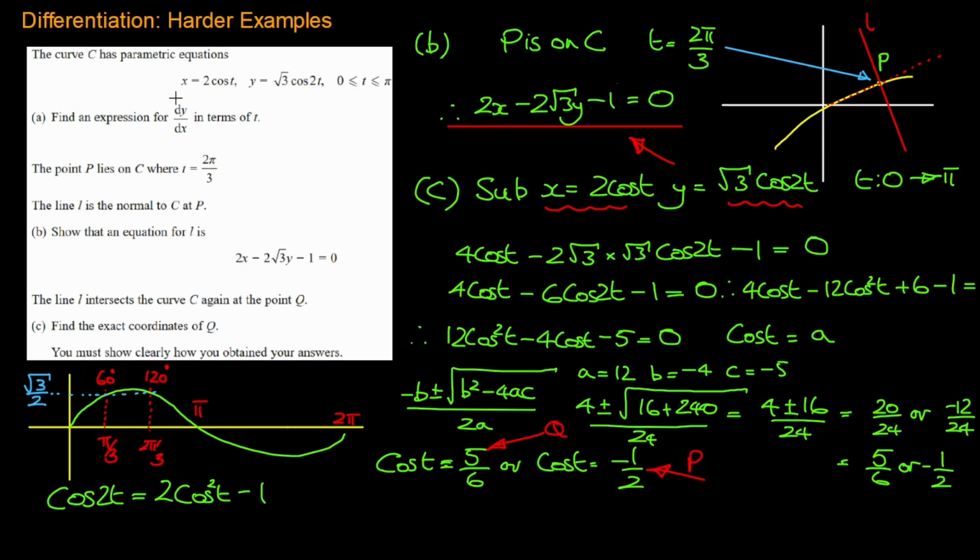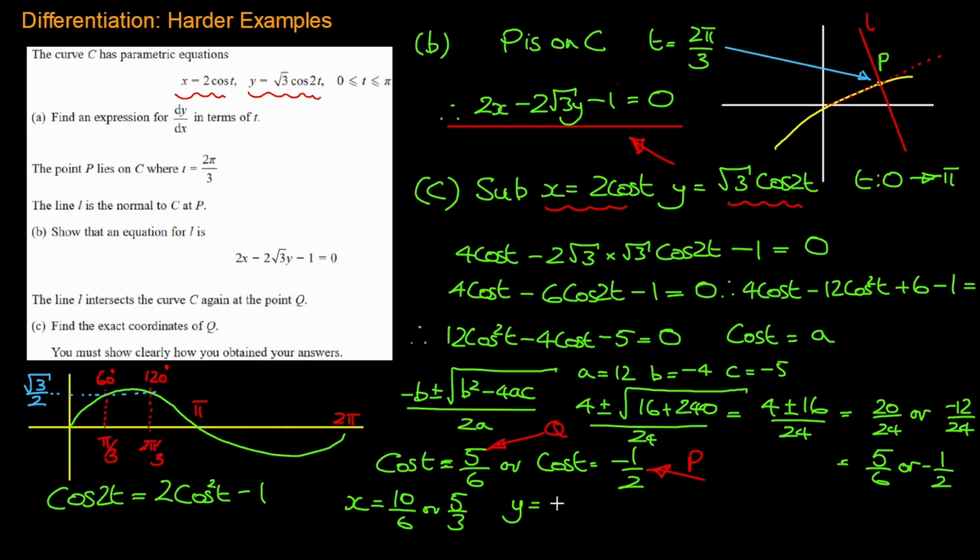So to find the x and y coordinates of this point, we have to use our parametric equations here to convert our value of cos t back to x's and y's, and we get that x is equal to 2 times this, which is 10 over 6, or 5 over 3, and y is equal to, and we've got to use this identity again because we've only got cos t.